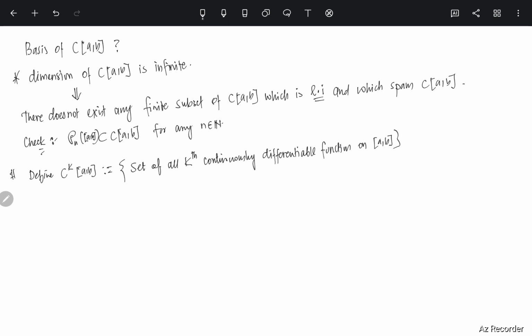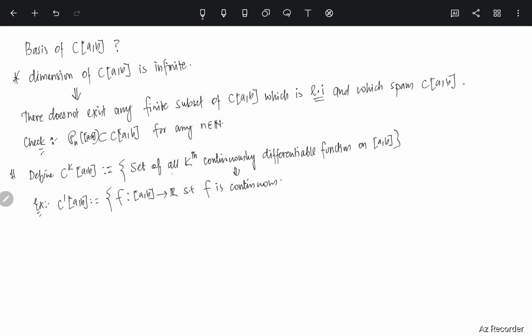So what do I mean by continuously differentiable? As an example, what is C^1[a,b]? It means we are looking for a function f from [a,b] to R, such that the function f is continuous.